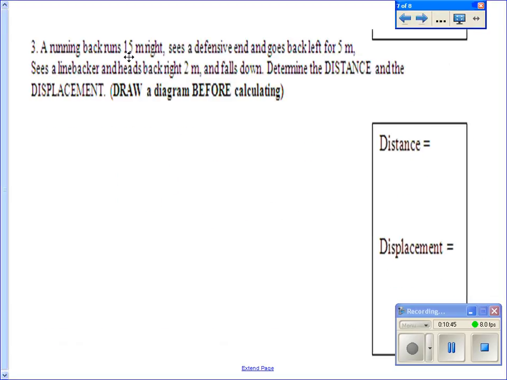Okay, a running back heads 15 meters to the right, sees a defensive end, goes back left for 5, then sees a linebacker and heads back right for 2 and falls down. Okay, so we have right for 15, we have left for 5, we have back right for 2.